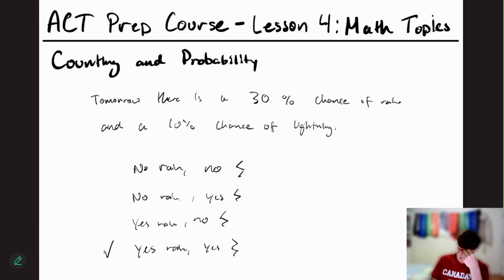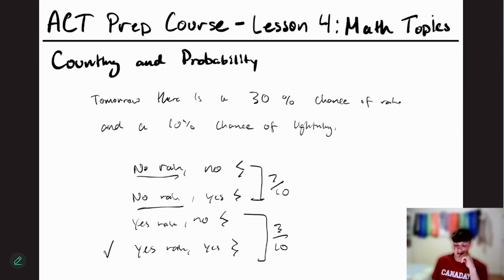Let's think about it. No rain happens 7 out of 10 times, 70%, and no lightning occurs 90% of the time. So these two together are 7 out of 10, and these two together are 3 out of 10, because that's just dependent on the no rain happening 7 out of 10 times.